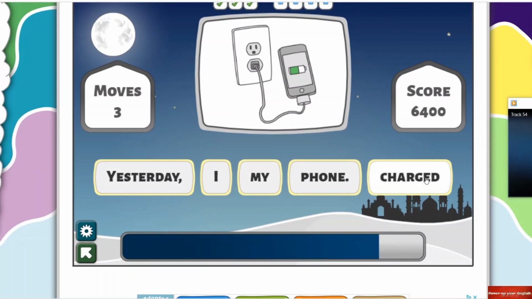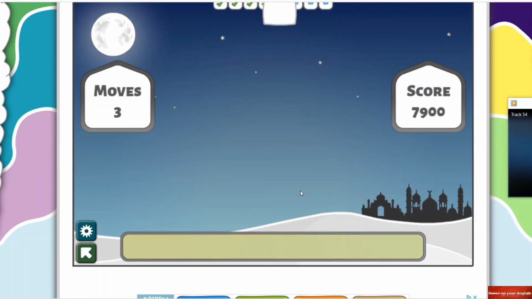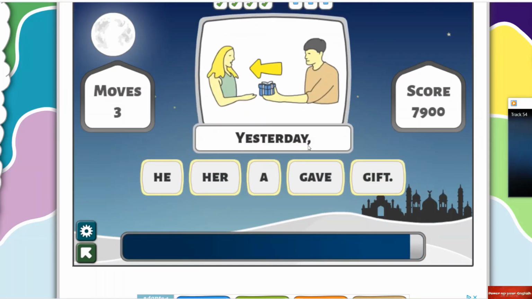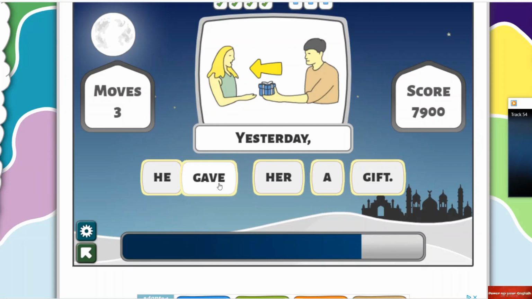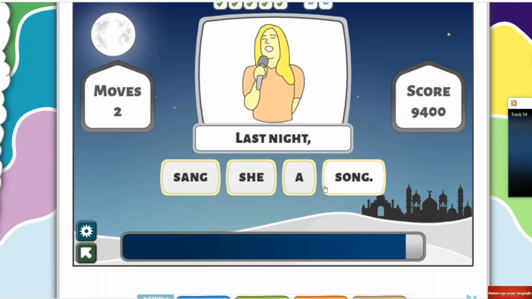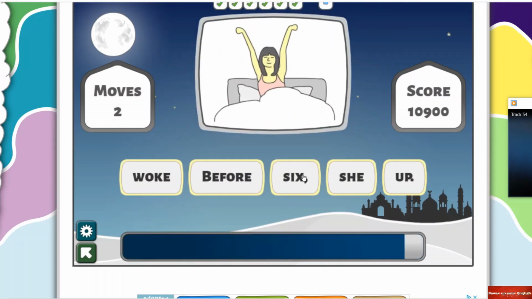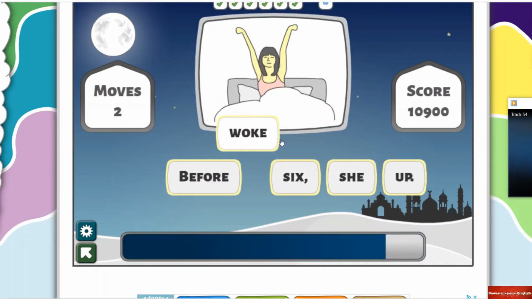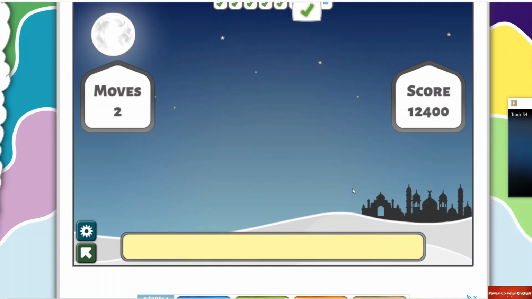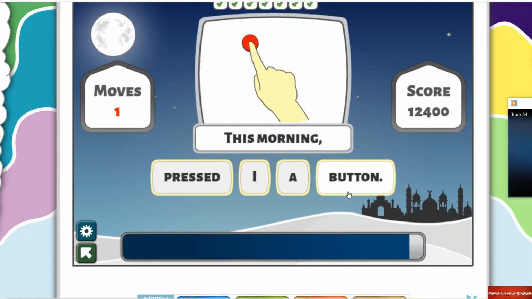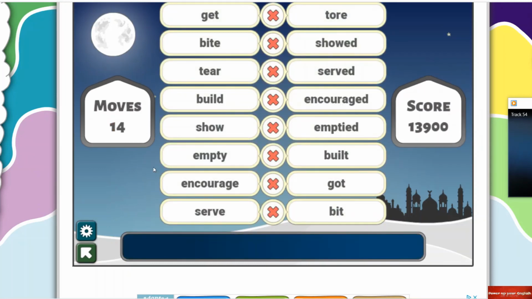Yesterday, I charged my phone. Yesterday, he, that's the man, what did he do? He gave her a gift. Last night, she sang a song. Before 6, she woke up. This morning, I pressed a button.